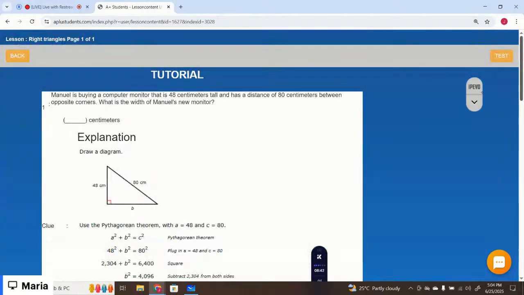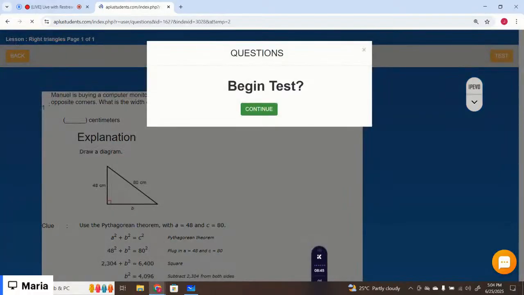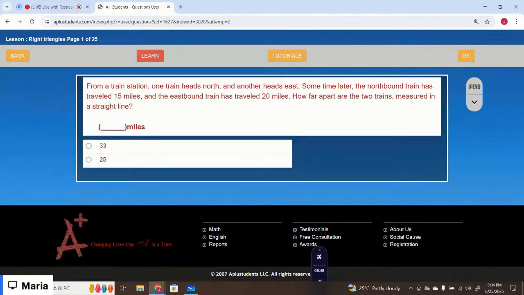Let's just start with the test questions. From a train station, one train heads north and another train heads east.